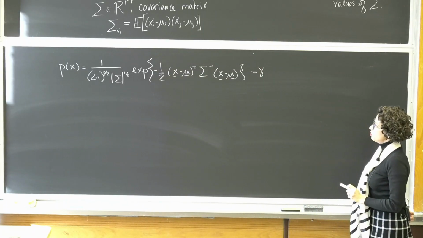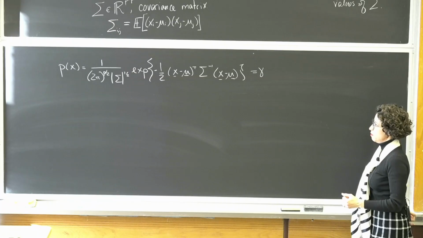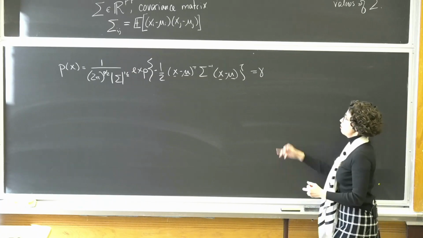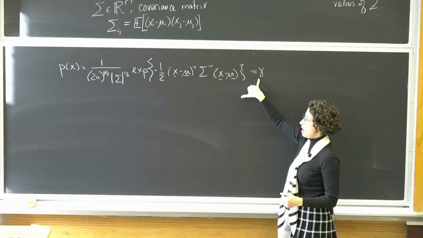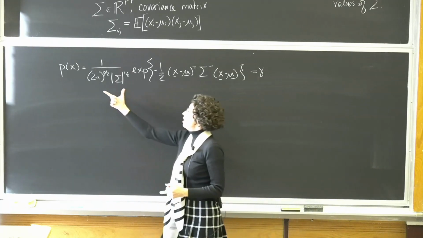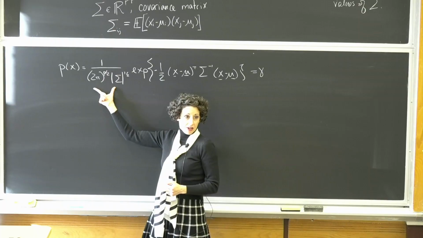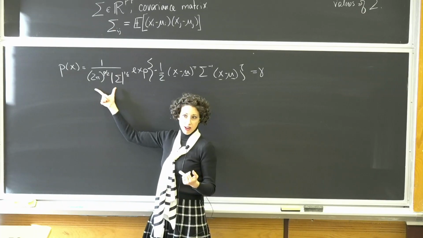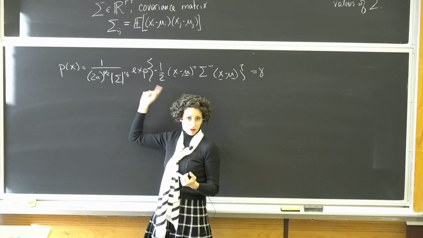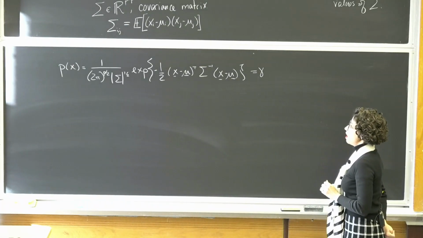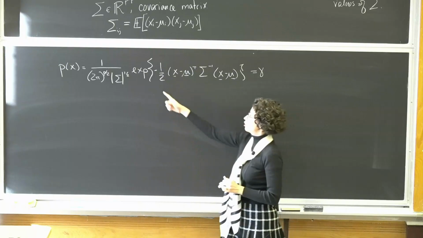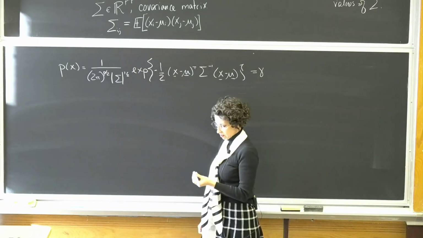To simplify this a little bit, we're really interested in identifying the x's where this is equal to some constant gamma. And so this normalization factor out front isn't going to affect which x's give me the same value of my distribution here. And whether I exponentiate or not isn't going to make a difference.